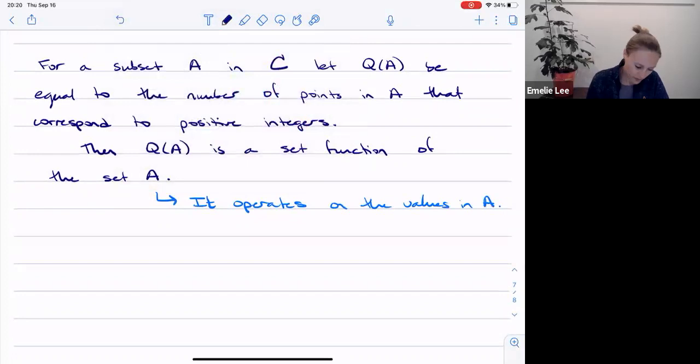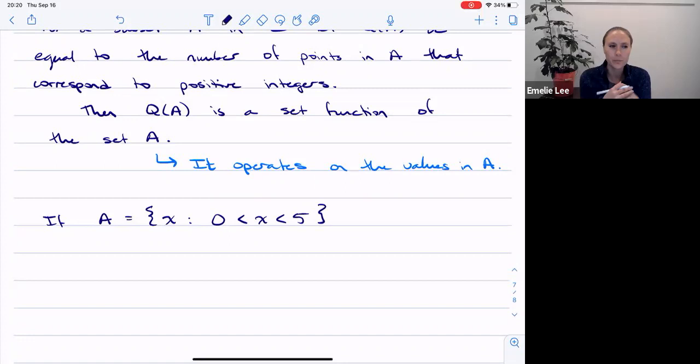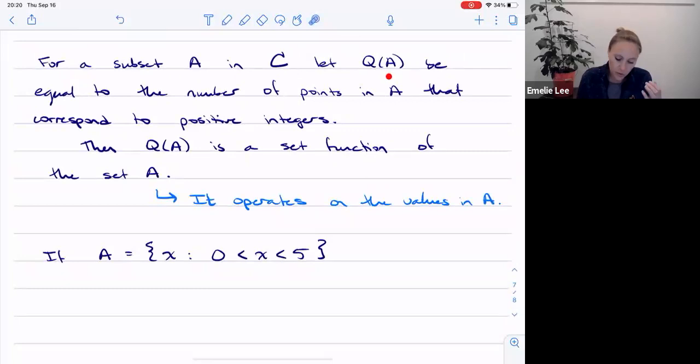So if A is the set of x's such that x is between 0 and 5, not inclusive, what's Q of A? Well, remember, Q of A is going to be equal to the number of points in A that correspond to positive integers. So Q of A is going to return the number of positive integers between 0 and 5, not including 0 and 5.